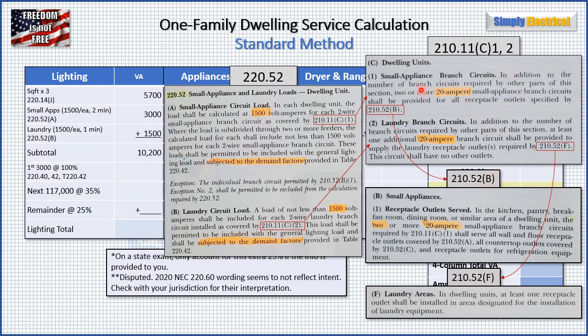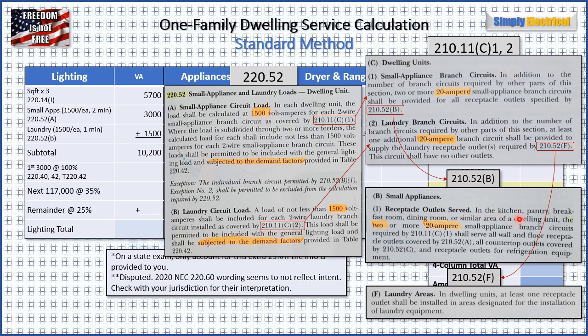This is saying, in addition to any other requirements they've already talked about, or haven't yet in the code, we must put at least 2 20 amp small appliance circuits in this calculation. So then it references which ones by 210.52b. And this tells us, under small appliances, receptacle outlets served.